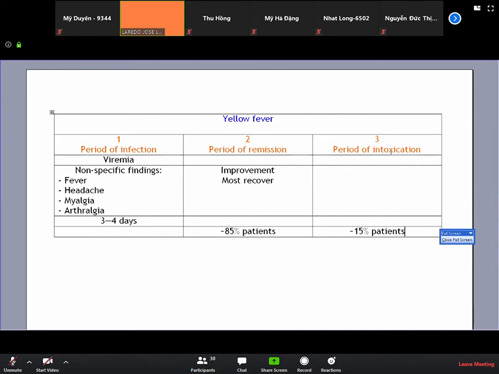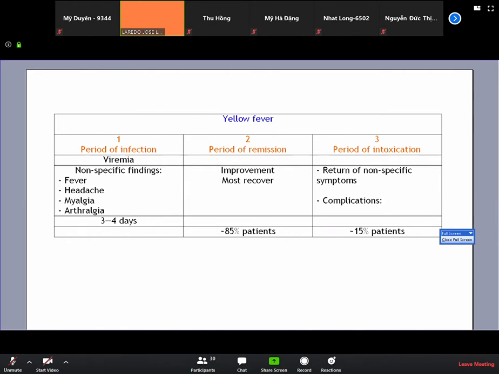So in these patients, the non-specific symptoms return again: fever, headache, myalgia, arthralgia, whatever. In these patients, new symptoms appear. The severe symptoms, the complications.